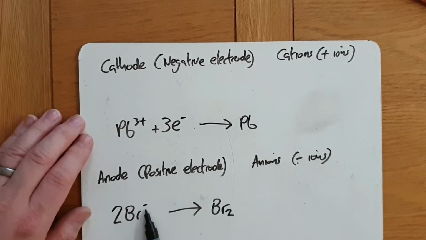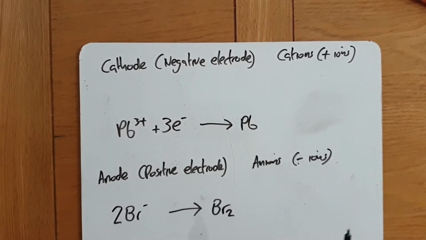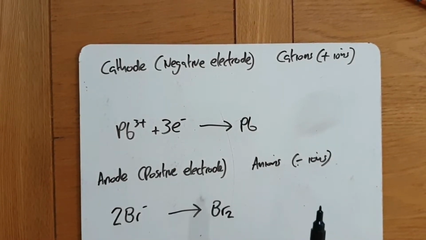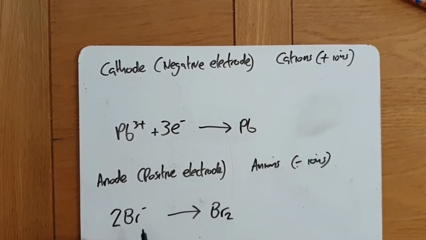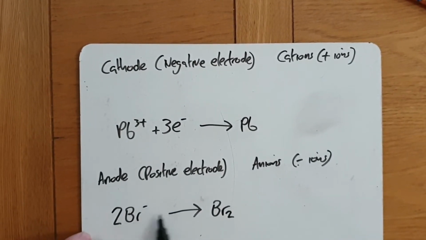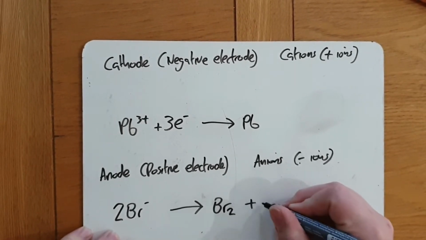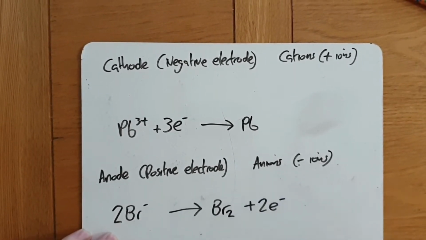Over here we've got 2 negatives, but over this side we've got no negatives, so we need to make sure they cancel out. The only thing we can do is add electrons. If I add electrons to this side, I'm going to be adding more minuses, which doesn't help me out. I need to add electrons to this side, so I need to add 2 electrons here.